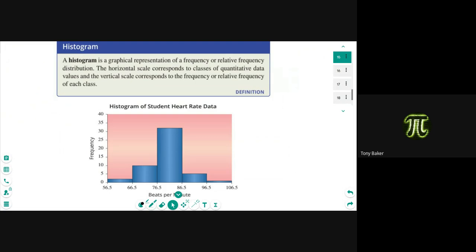A histogram is very similar to a bar graph, except it's using a frequency chart that we just created.